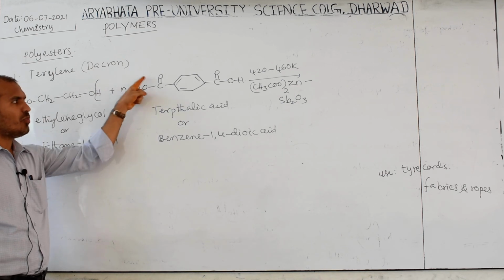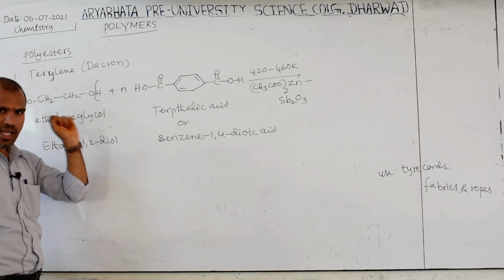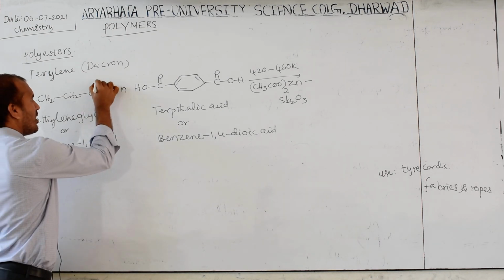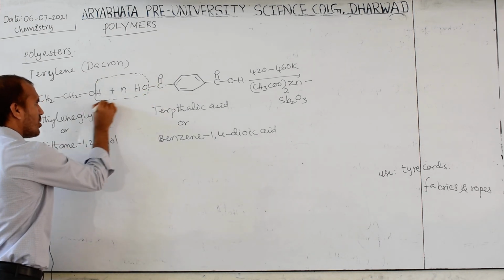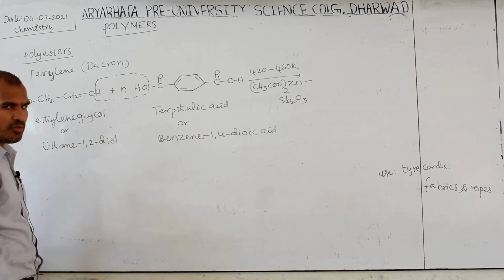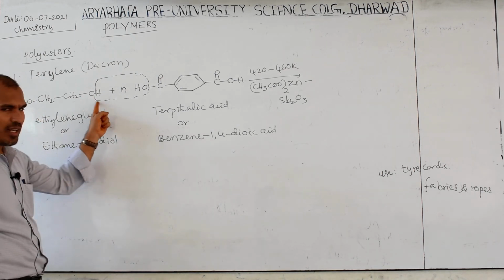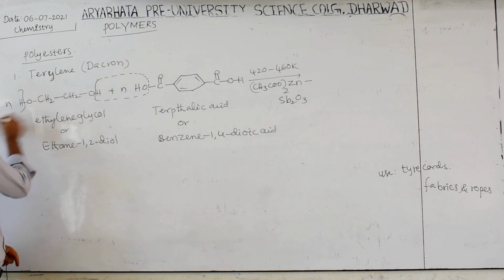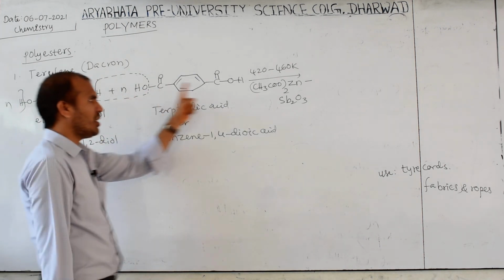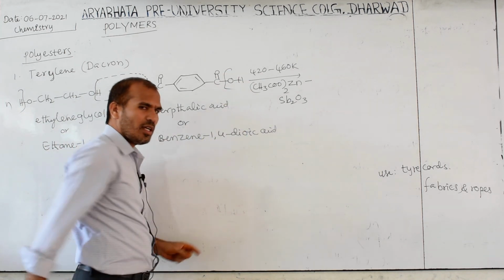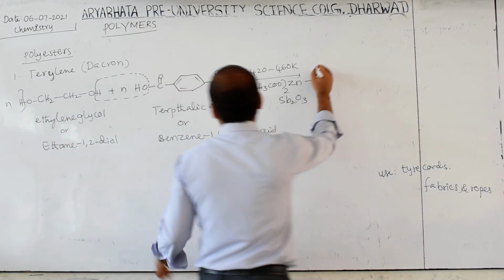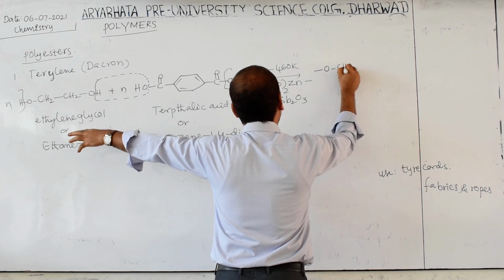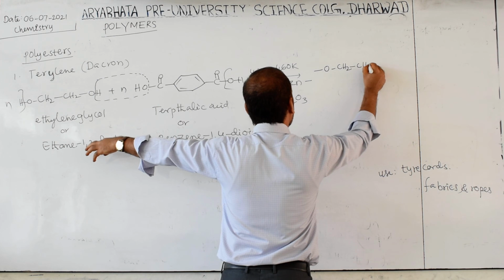In acid, OH is lost; in alcohol, H is lost, which you will learn in the alcohol chapter. Therefore make it underlined or give a star mark. Here H only, here OH. The remaining part is O CH2 CH2 O.